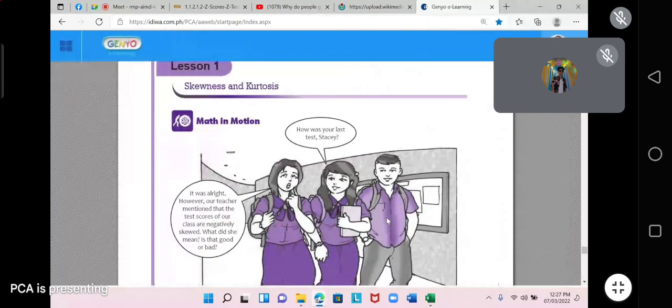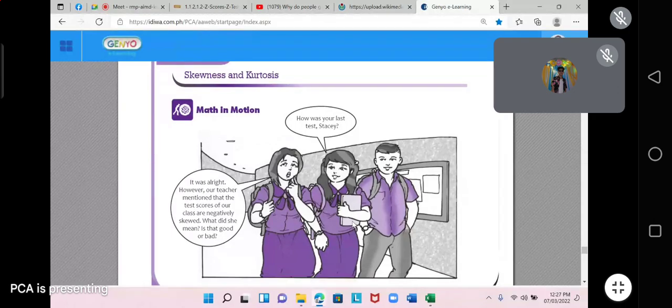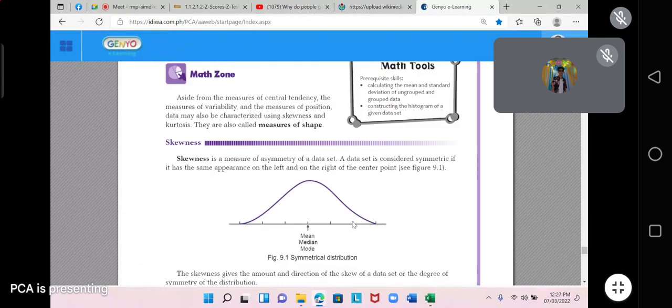And the score of one student there, their teacher, I do not know if it's math subject, no? But she was told that her score is negatively skewed, no? Is that positive to hear or negative to hear? Negatively skewed. Is this a bright student? Okay, so let's find out, no?